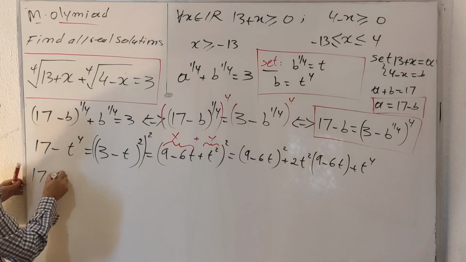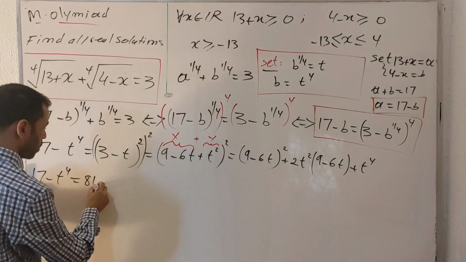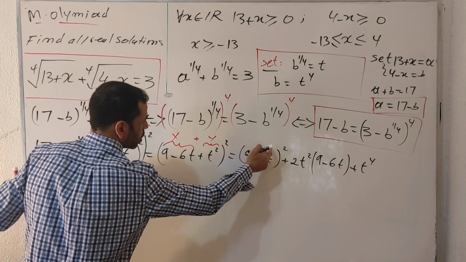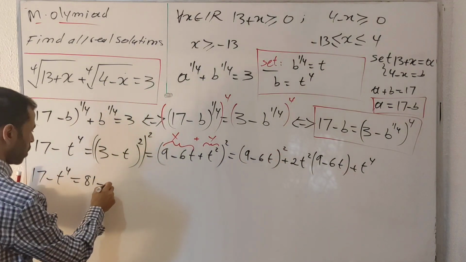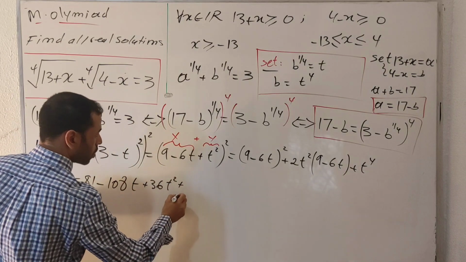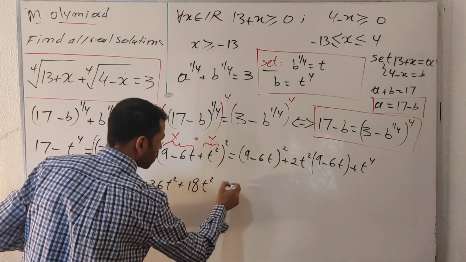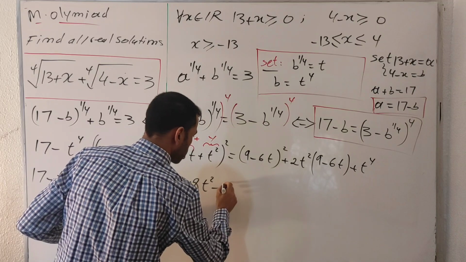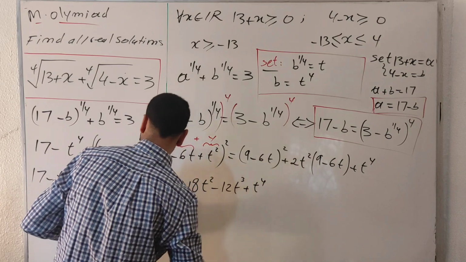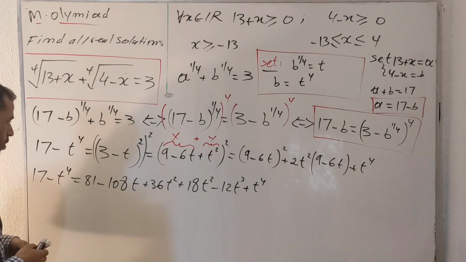I will have 17 minus t to the fourth equals 81, the square of this one, minus 2 times this one. I will get 9 multiplied by 6, which is 54, multiplied by 2, which is 108, minus 108t plus 36t squared. This one multiplied by this one gives 18t squared. This one multiplied by this one gives minus 12t cubed plus t to the fourth. Then I'm going to move this term to the right.